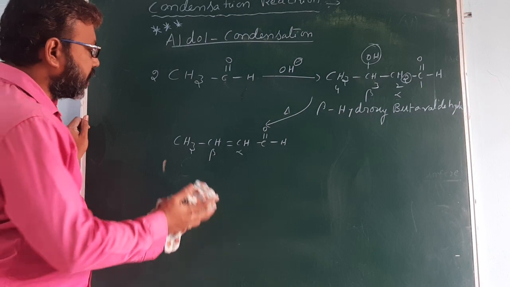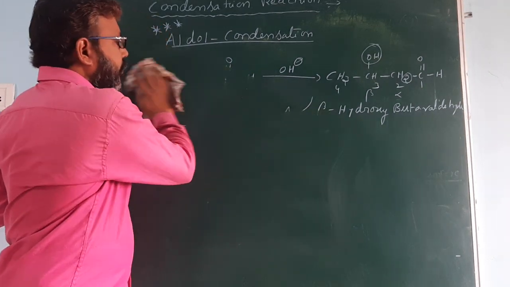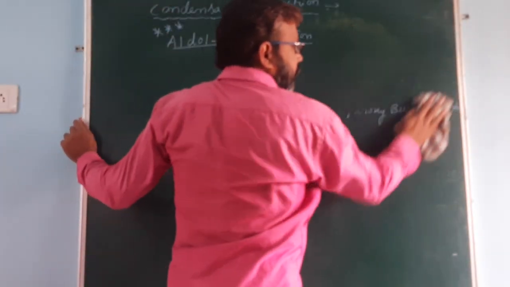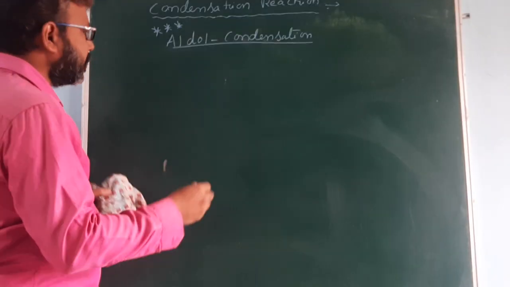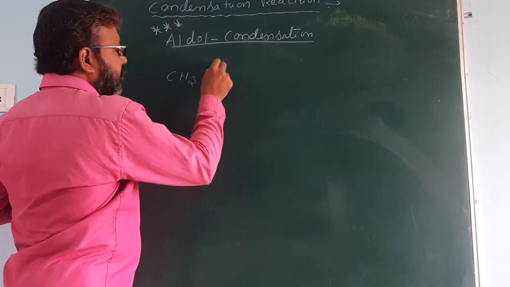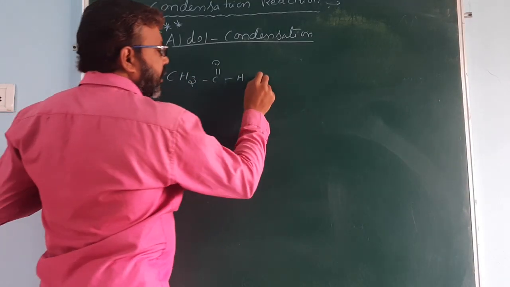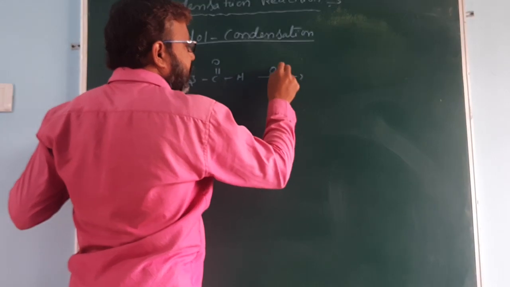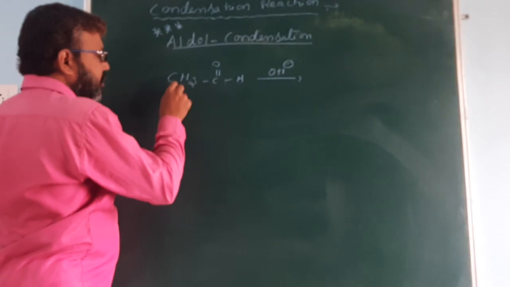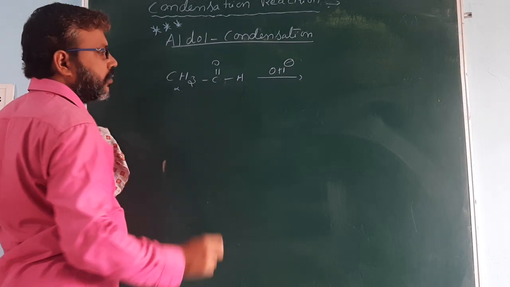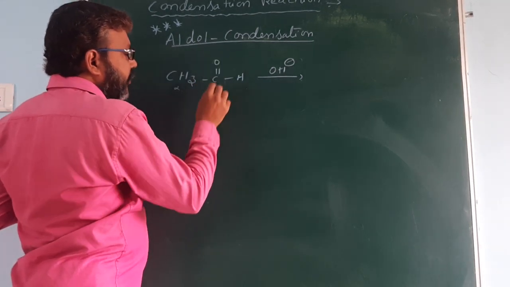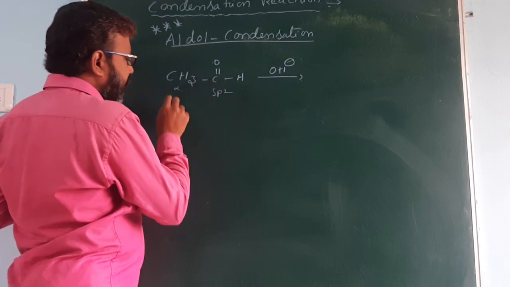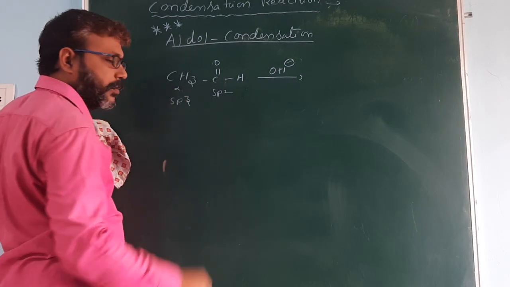Now look at the reaction mechanism. CH3C=OH reacts in the presence of a basic medium. This is the alpha carbon. Observe carefully: one is an sp2 hybridized carbon and the other is an sp3 hybridized carbon.